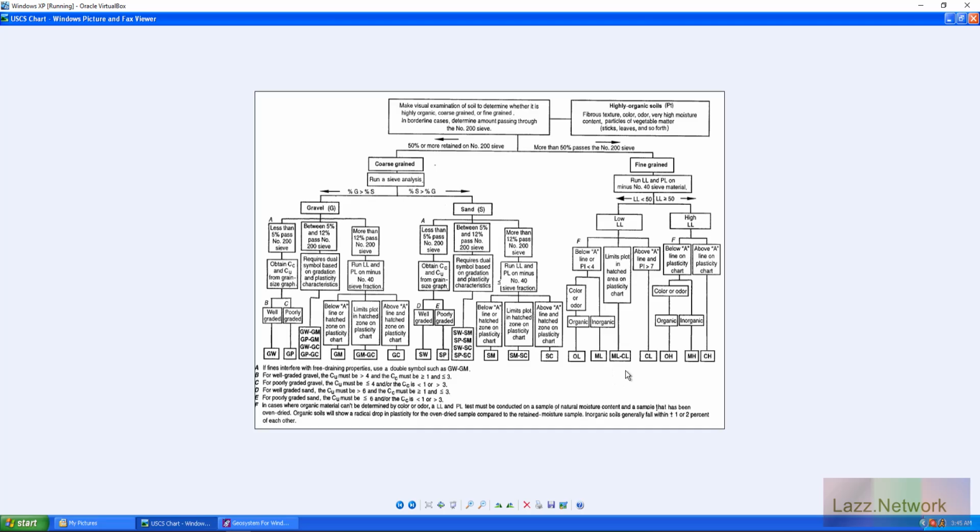Now, if you're inside the hatch zone and it is considered organic, you can do OL-CL technically. So that is a changeable symbol. It usually just defaults to that, because if something's organic like peat, kind of like how it covers here, peat is covered as PT. That's what's in these brackets, even though it's really hard to see that being a T, but it's technically a T.